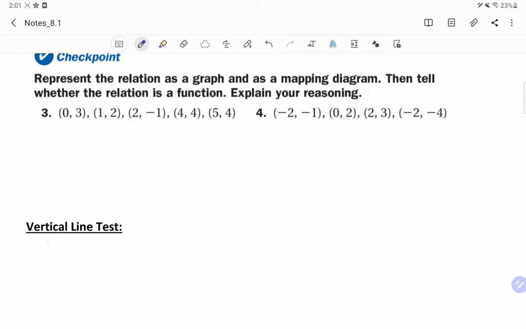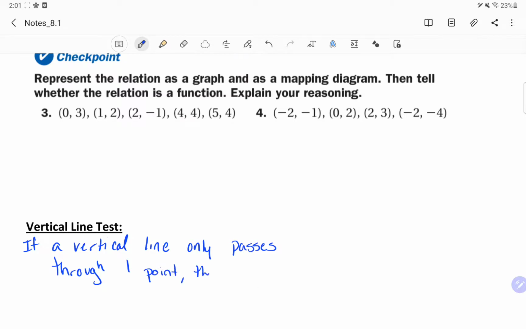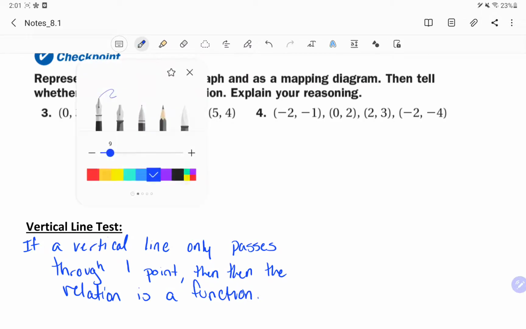It says if a vertical line only passes through 1 point, then the relation is a function.